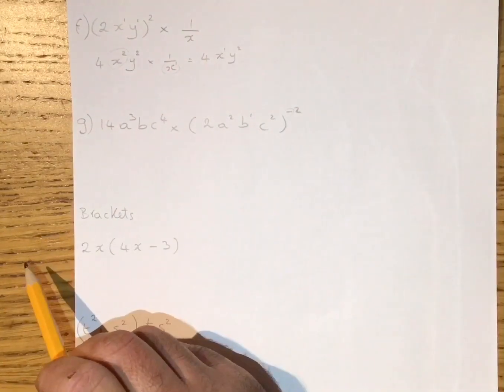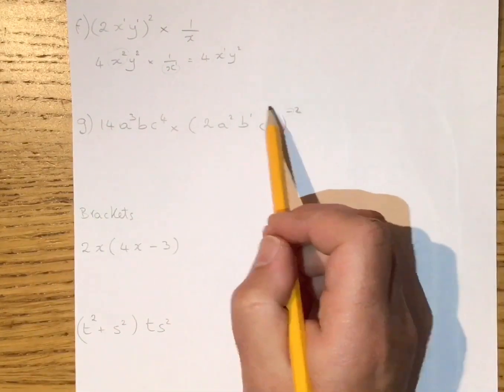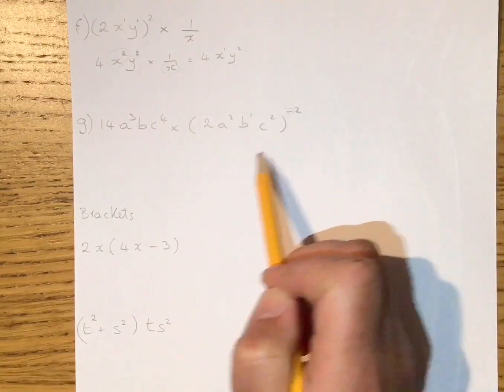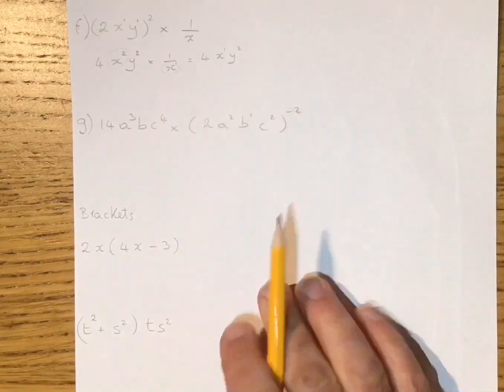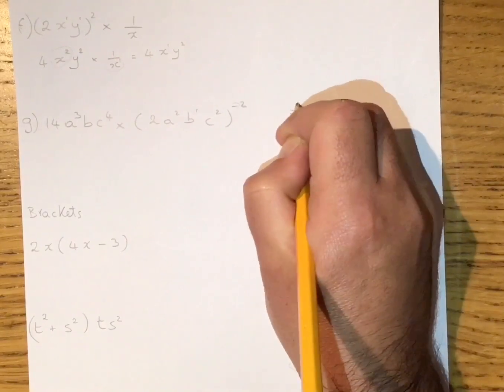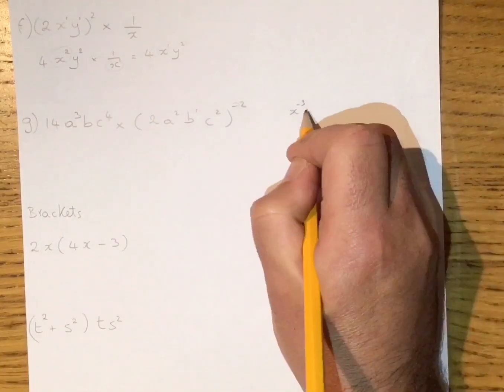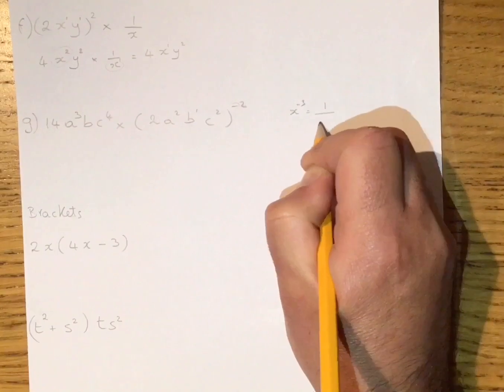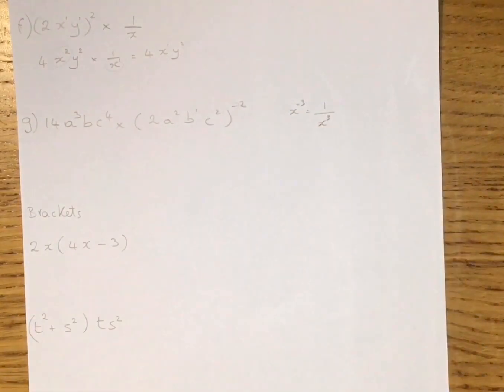A negative power means 1 over all of that. So for example, x to the power minus 3 means 1 over x to the power 3. Negative indices. Okay?